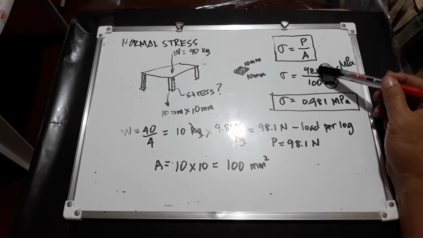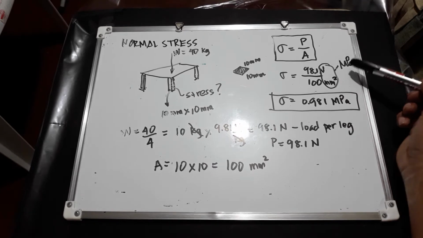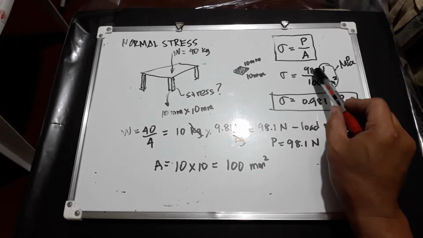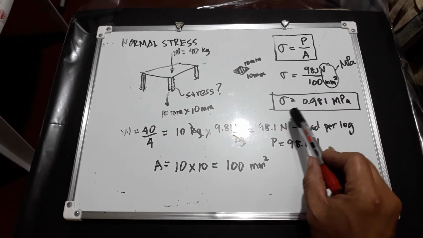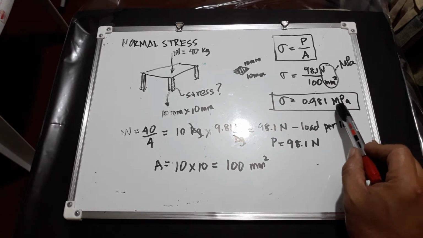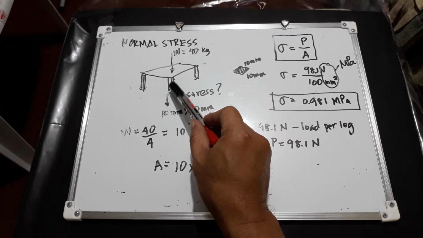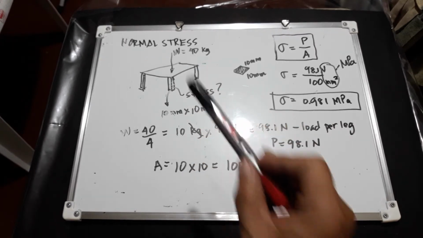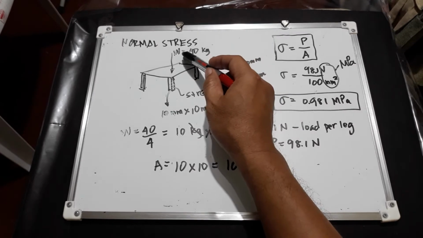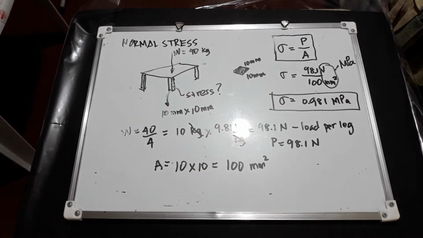So this one becomes a unit of megapascal. So 98.1 divided by 100 makes 0.981 megapascal. So that is now the stress of one leg of the table if the weight here is equally divided among the four legs.